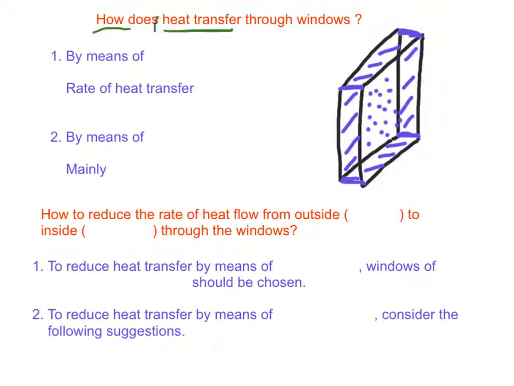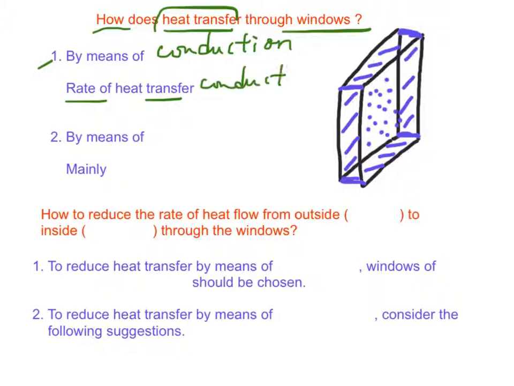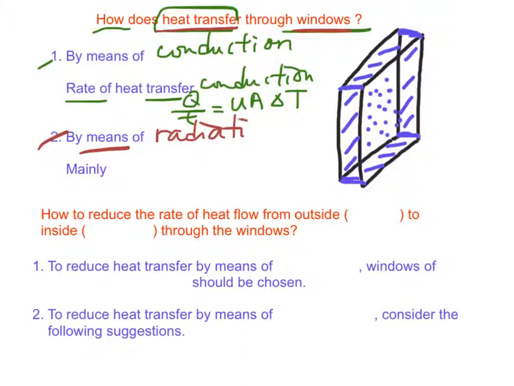How does heat transfer through windows? First, heat can be transferred through windows by means of conduction. Due to temperature difference, the rate of heat transfer by conduction in a window is Q over T equal to UA delta T. Also, heat can be transferred through windows by means of radiation, mainly due to infrared radiation.